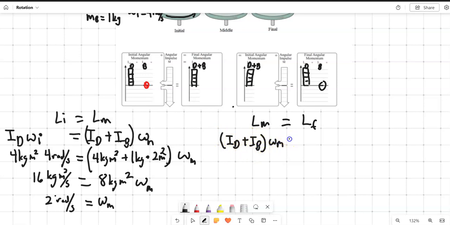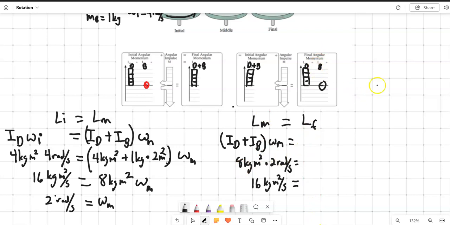And we know this number to be 2 squared times 1 kilogram. So this is 4 and this is 4. So that's a total of 8 kilogram meters squared times 2 radians per second. So that's going to be a total of 16 kilogram meters squared per second. Okay. So we already know that left side.